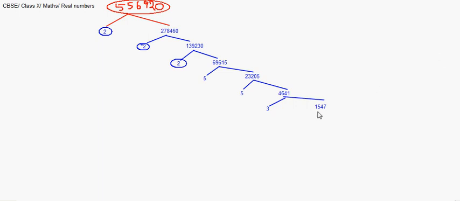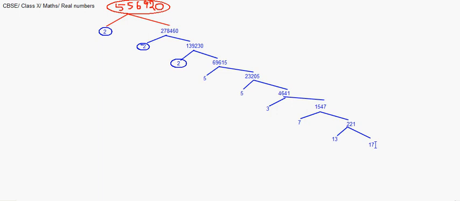Because 7 is also a prime number, if I divide by 7, I get 221. Now what else will divide 221? 13 will divide 221, and 13 is also a prime number. If I divide, that gives me 17, and 17 in itself is also a prime number.